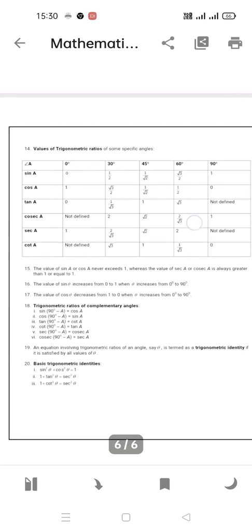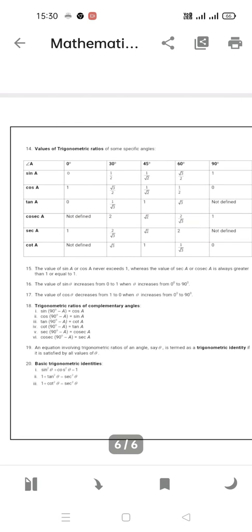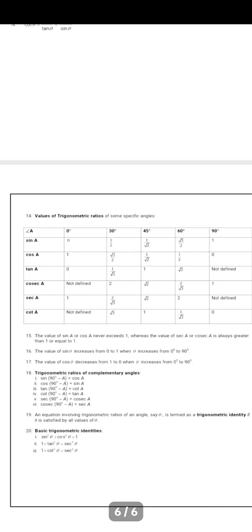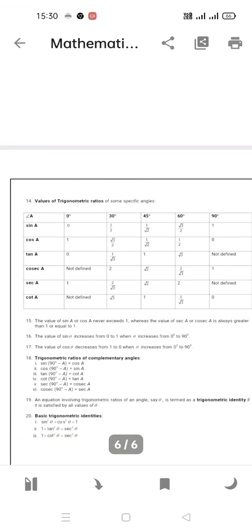Here it's telling that the value of sine is increased from 0 to 1. You can see here it is 0, 1 by 2, 1 by root 2, root 3 upon 2, that is 1. So it is increasing, from 0 to 1, right? After 0 comes 1 by 2, which is smaller than 1, then 1 upon root 2, also smaller than 1, root 3 upon 2, also smaller than 1, then the greatest one is 1.